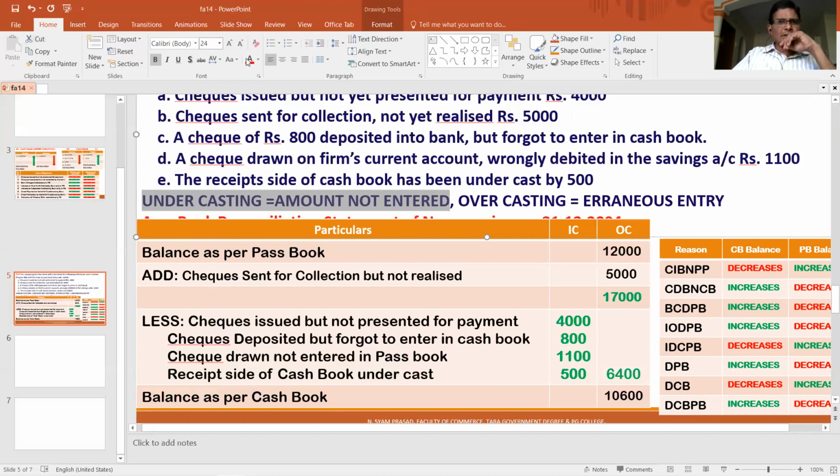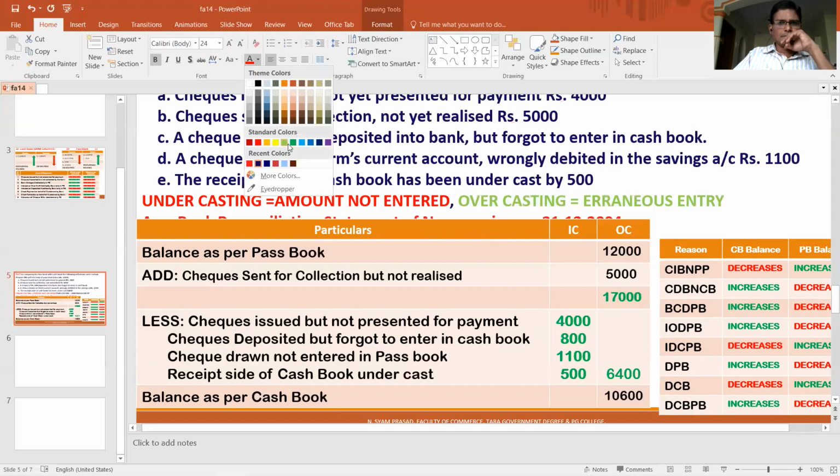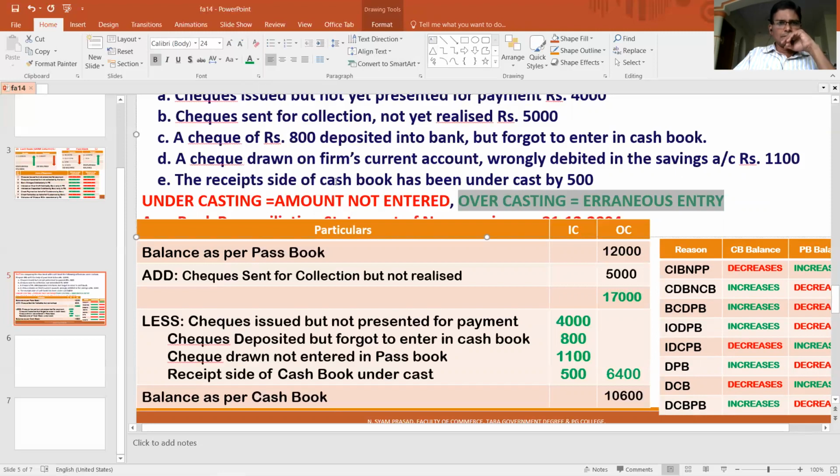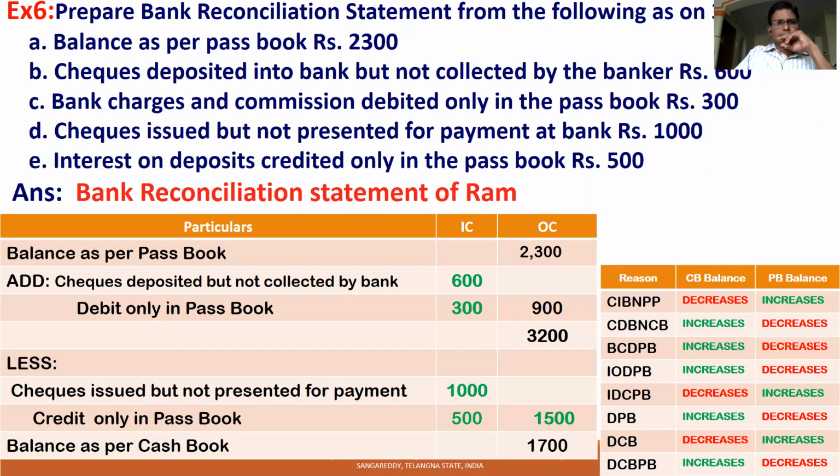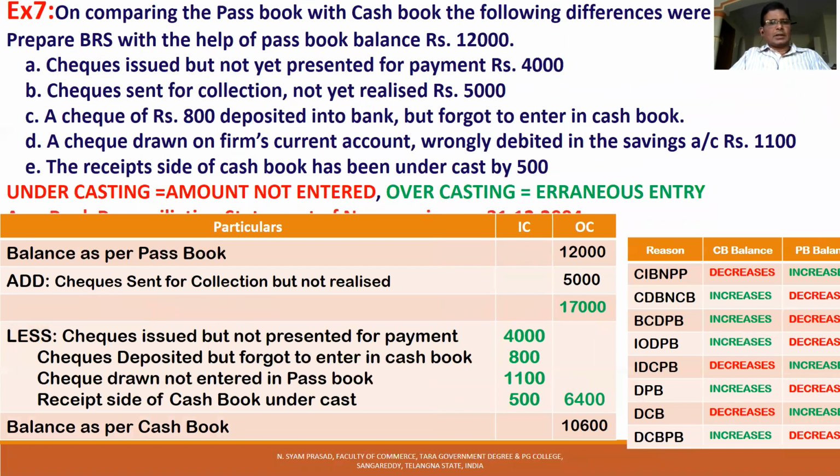Undercasting means that amount not entered. Overcasting means erroneous entry. These two points you have to remember. Very, very important points. So undercasting means that amount is left out; overcasting means that amount is erroneously entered.